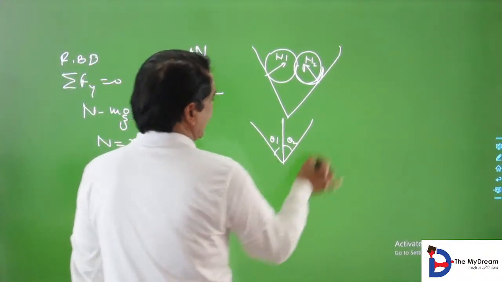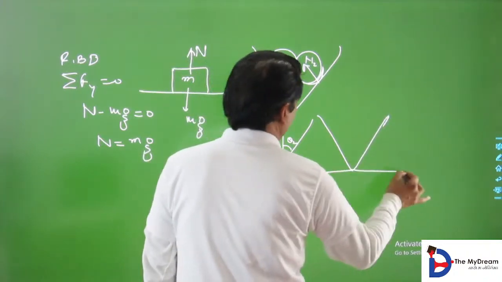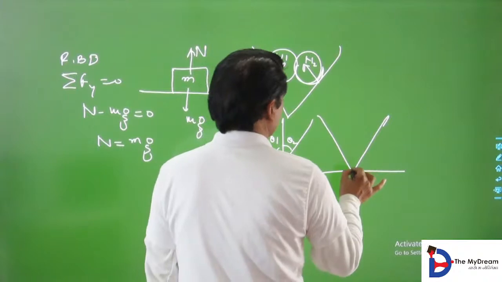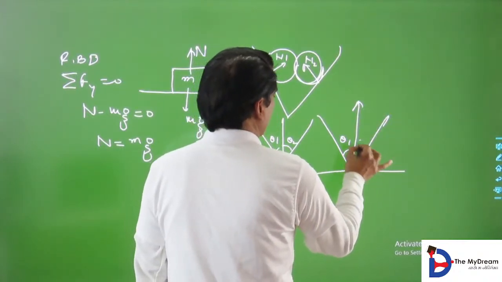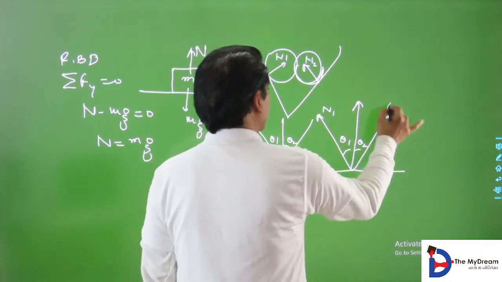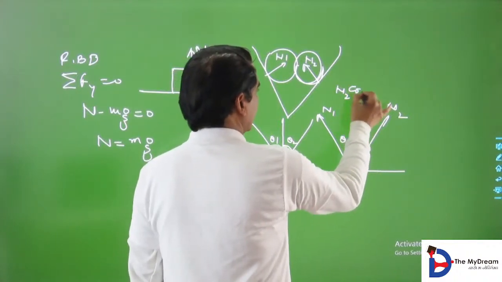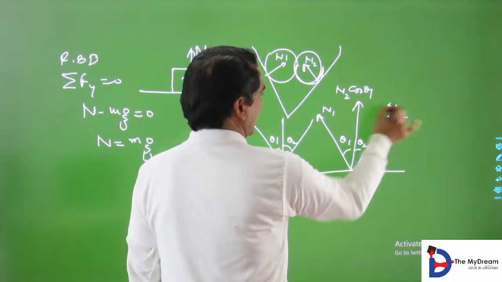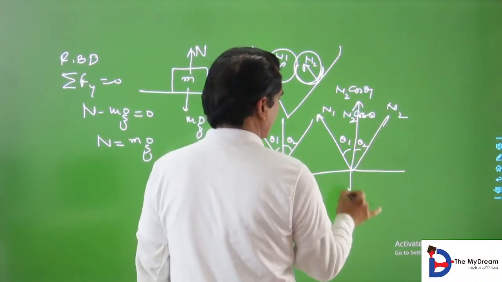If you are considering the angle with this one and that one, so this is N1 and this is N2. So it gives N1 cos theta 1, whereas this gives N2 cos theta 2, and this is the weight.